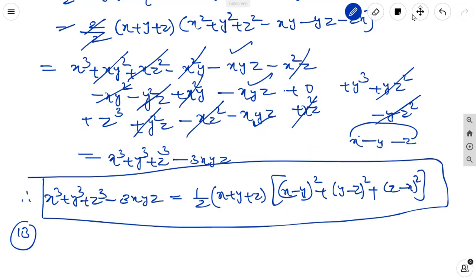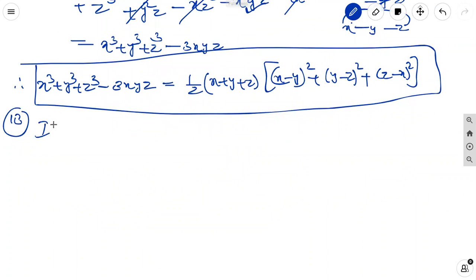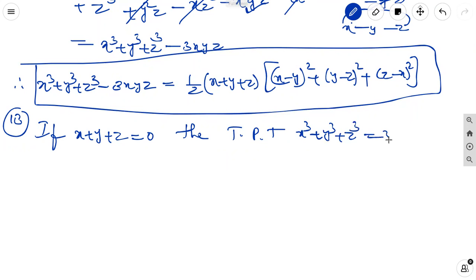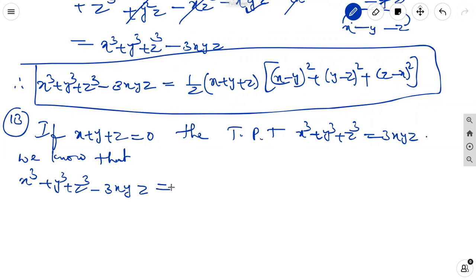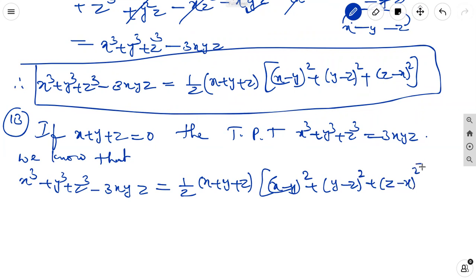The 13th one: if x plus y plus z is equal to 0, then to prove that x cube plus y cube plus z cube equals 3xyz, we take the relation we know: x cube plus y cube plus z cube minus 3xyz is equal to 1 by 2 into (x plus y plus z) into ((x minus y) whole square plus (y minus z) whole square plus (z minus x) whole square).